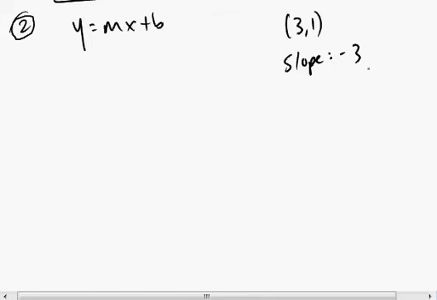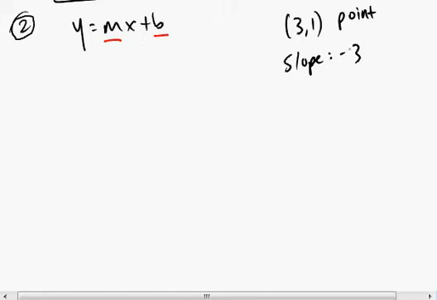Choose an equation in slope-intercept form, same form, of the line that passes through this point and has a slope of -3. So what they're doing here is telling you a point, and they're telling you the slope. We need the slope and the y-intercept.